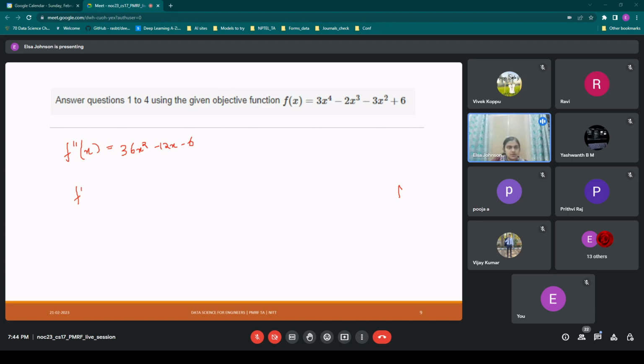So f double dash of 1 is 36 minus 12 minus 6. This is 18, right? Aditya, are you not getting this equation?